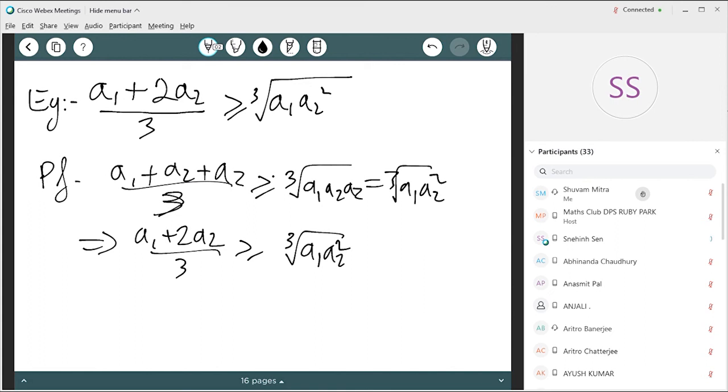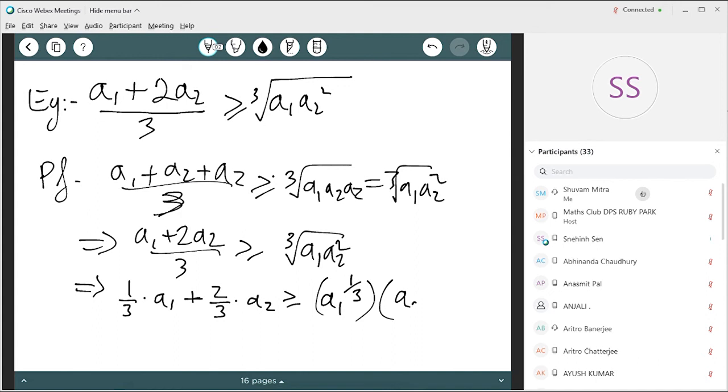So what do we have? This would imply 1 by 3 times a1 plus 2 by 3 times a2 is greater than or equal to a1 to the power 1 by 3 times a2 to the power 2 by 3. So that's what this inequality would tell us.